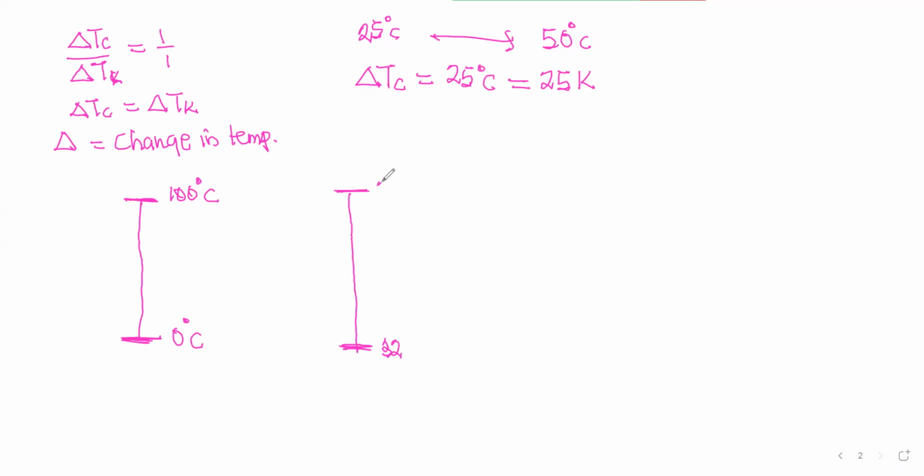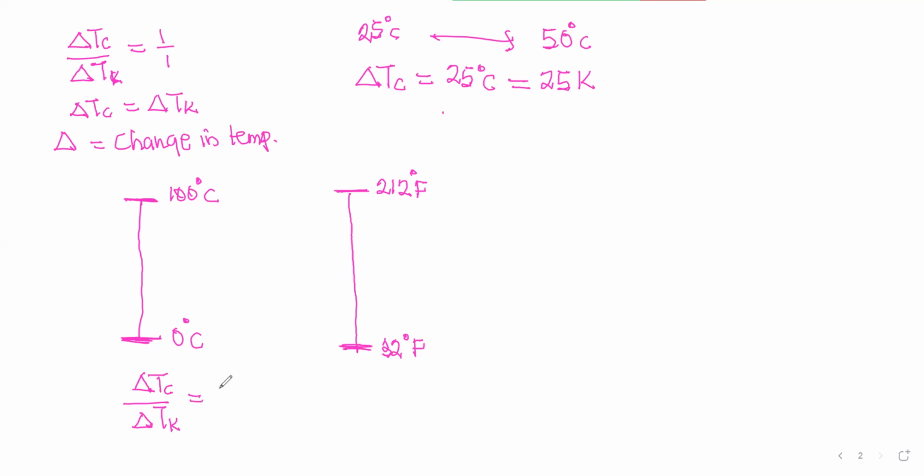Steam point 212. By these details, what kind of scale is this? Maurice? It's the Fahrenheit scale, or degree Fahrenheit. So by changing temperature, what will be the equivalent? Delta T Celsius divided by delta T Kelvin.